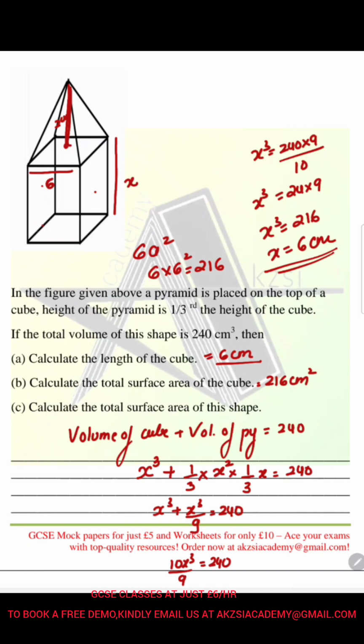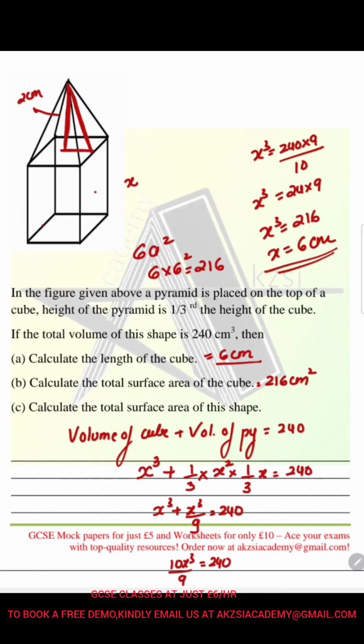I want to calculate the surface area, so I should know the height of the triangle, which is this one. Clearly this is the height of the triangle, but that we don't have. For that we know the vertical height here, which is 2.